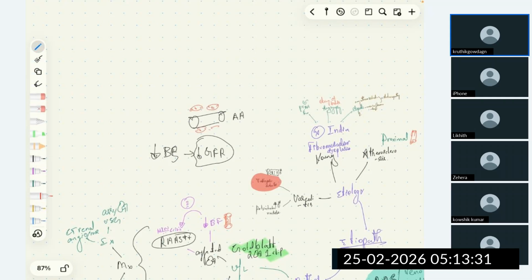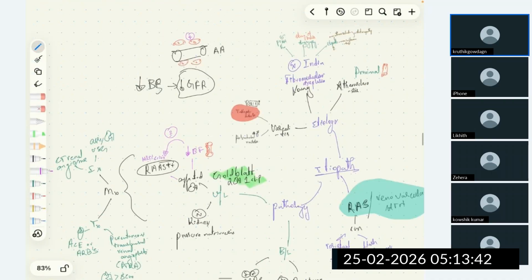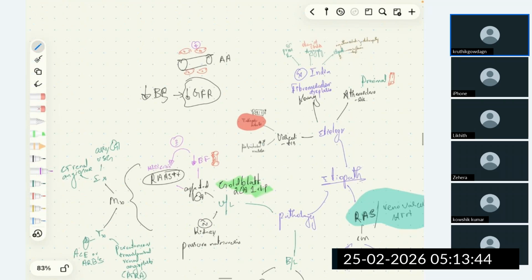These smooth muscles are pressure sensitive. When the pressure is reduced, these get stimulated and stimulate the juxtaglomerular apparatus to activate the renin angiotensin aldosterone system. So due to reduced blood supply, there will be reduced GFR, leading to the myogenic response, which leads to activation of the RAS.